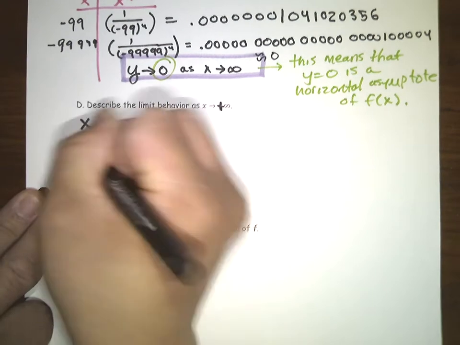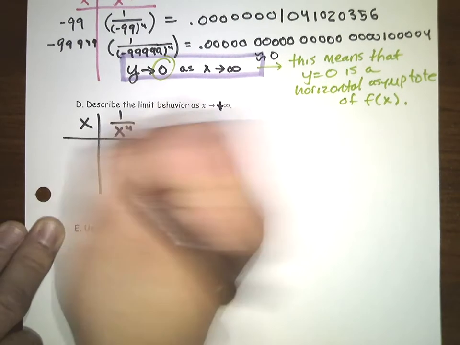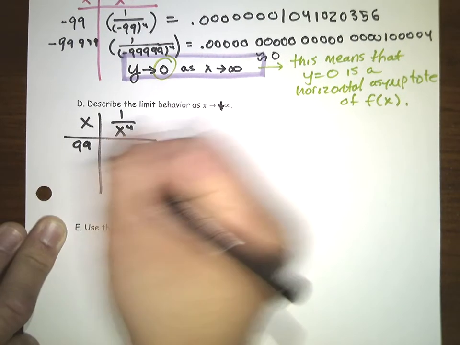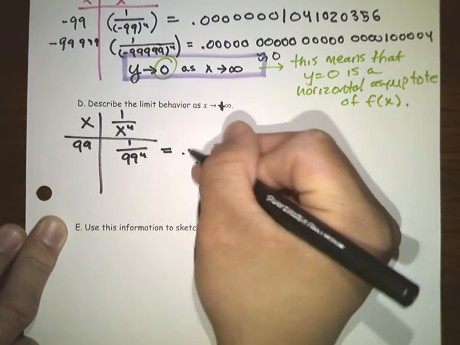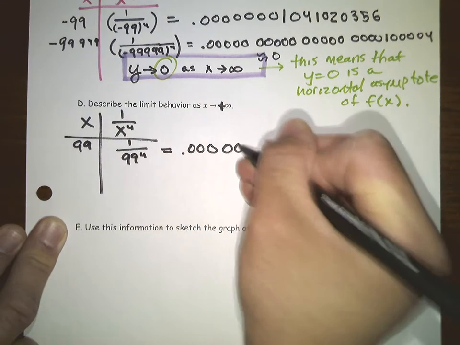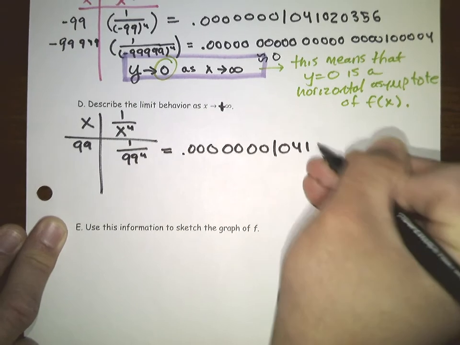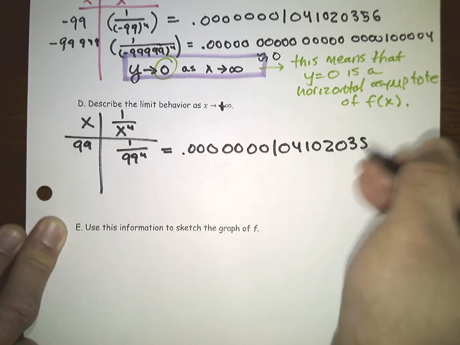So x, and then 1 over x to the fourth, and then we have 99. We have 1 over 99 to the fourth. Well, that should still give us 0.0000000104102035.